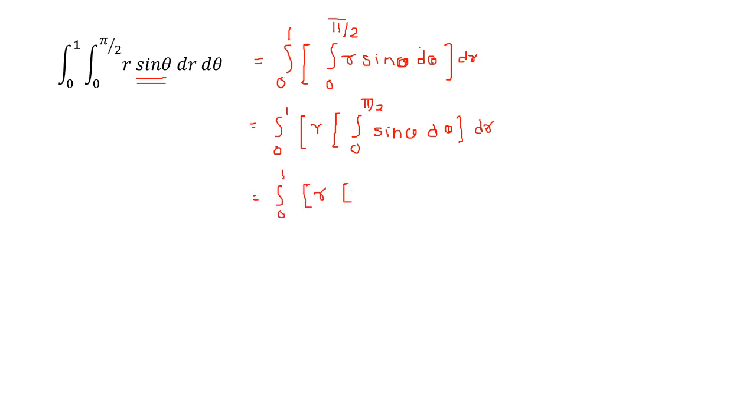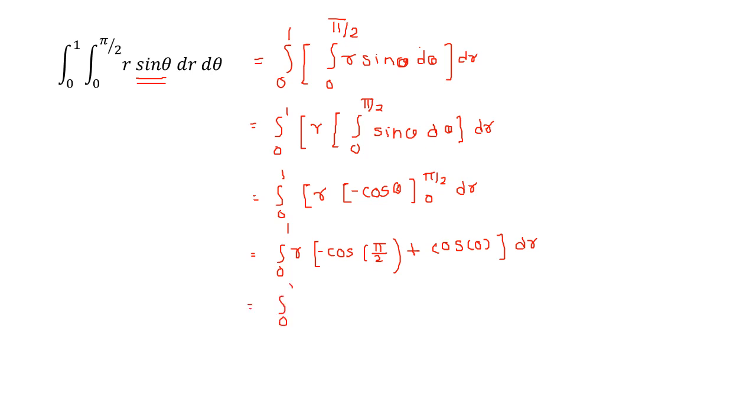This is equal to the integration from 0 to 1 of r as it is. What is the integration of sin theta? It is minus cos theta, with limit 0 to pi by 2, dr. So upper limit minus lower limit, that is cos of 0 minus cos of pi by 2, since minus minus is plus.